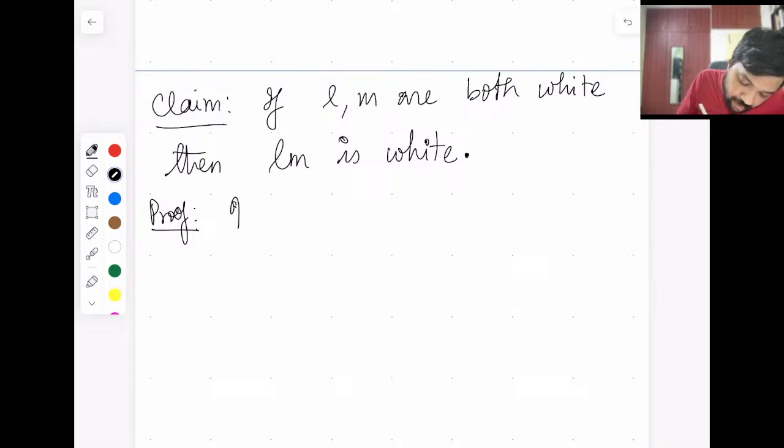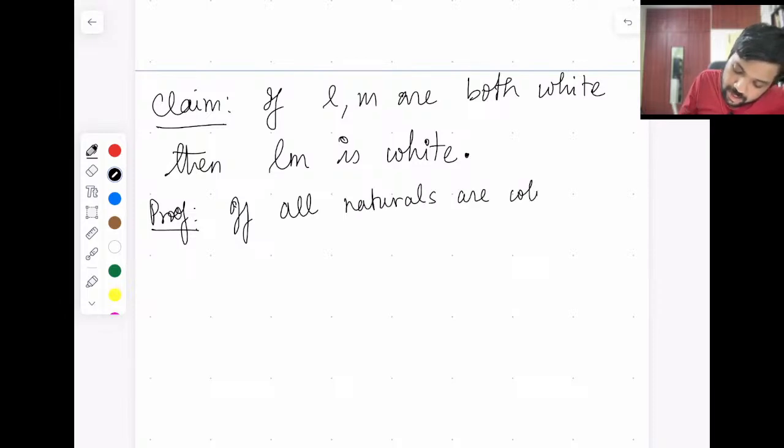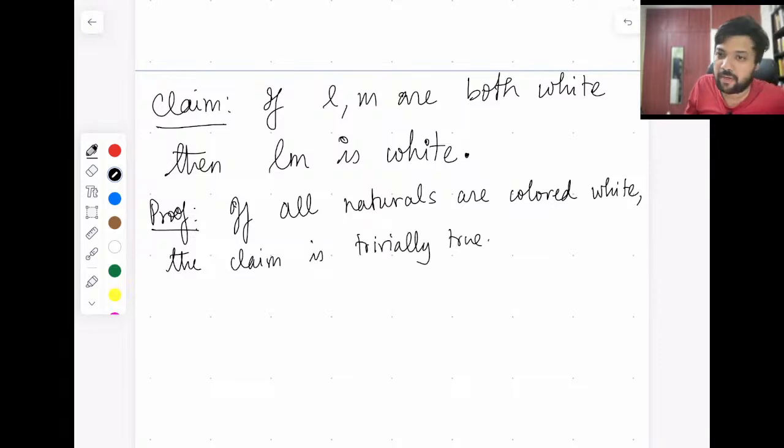If all natural numbers are colored white, the claim is trivially true, because everything is colored white, so the product is also colored white.